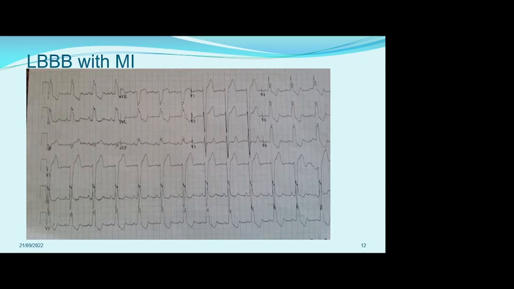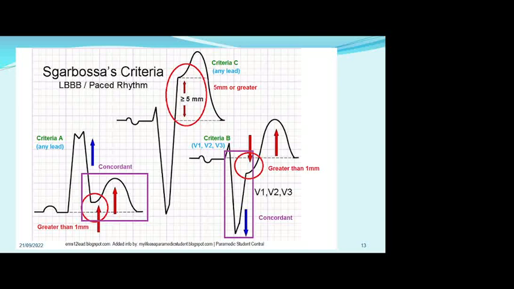And the other problem is left bundle branch block with myocardial infarction. So this interpretation is very difficult with left bundle branch block, because already there are ST elevations, already there are some ST depressions.